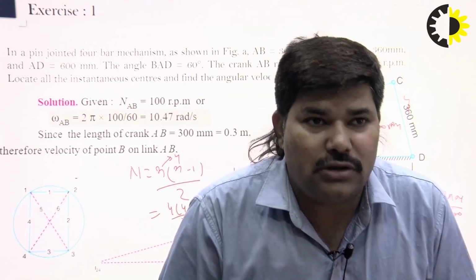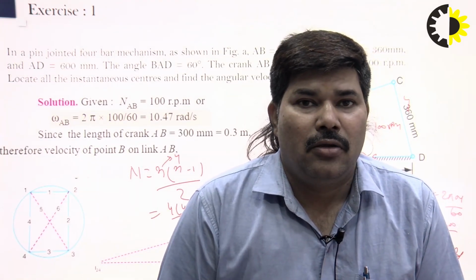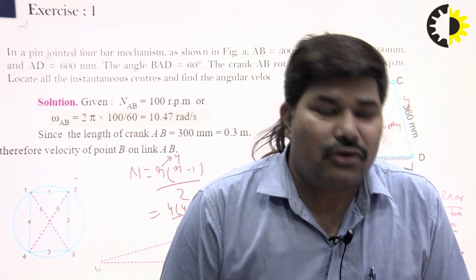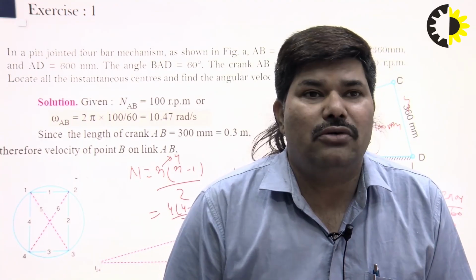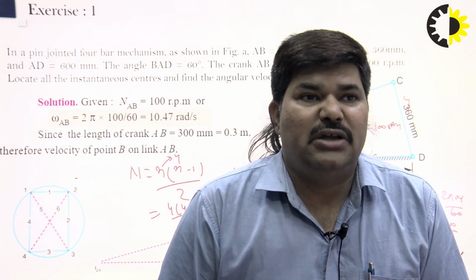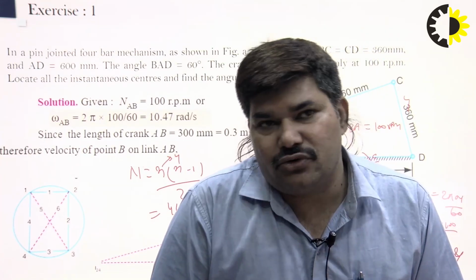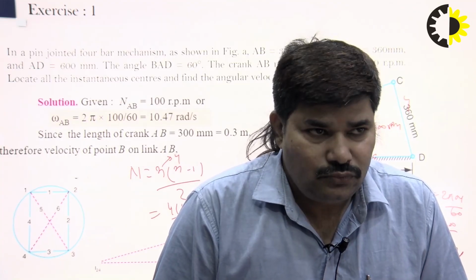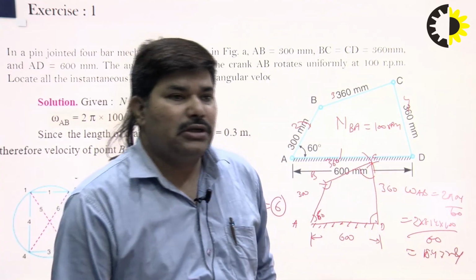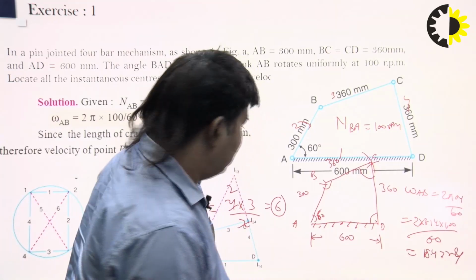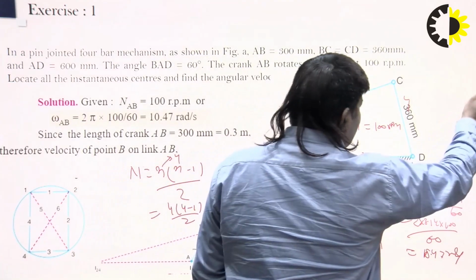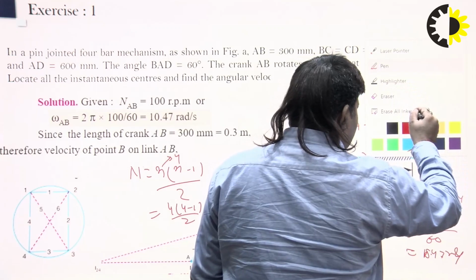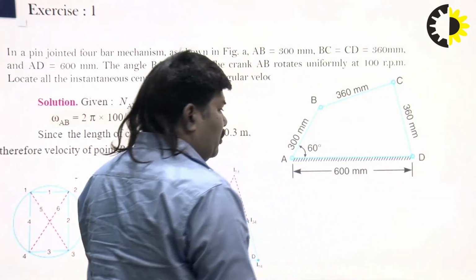So how to draw these instantaneous centers? After drawing the instantaneous centers, we find out and measure the value of B with respect to C. Let me draw this again, I clear all these things. So we need the 6 instantaneous centers. How to draw?